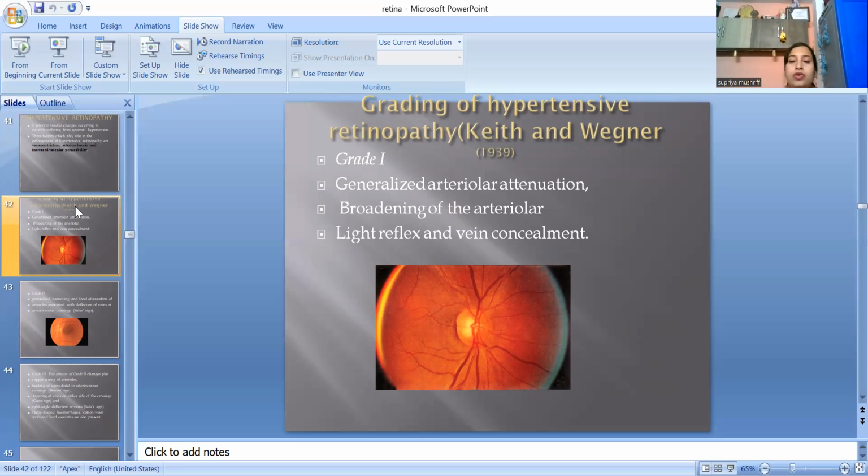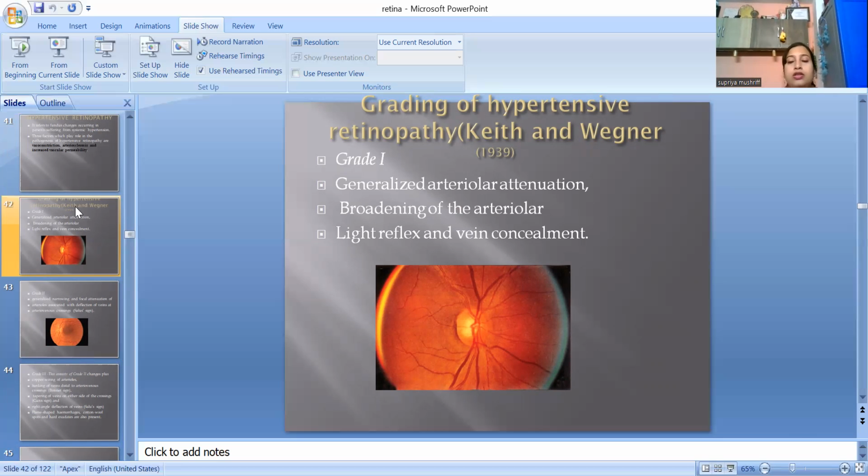Hence, a patient who is recently diagnosed with hypertension or diabetes is mostly referred to the ophthalmology OPD for fundus examination, because by noting down the grading or severity of hypertensive or diabetic retinopathy, the medicine doctor can easily associate the chronicity and severity of the disease, either hypertension or diabetes, in the patient.